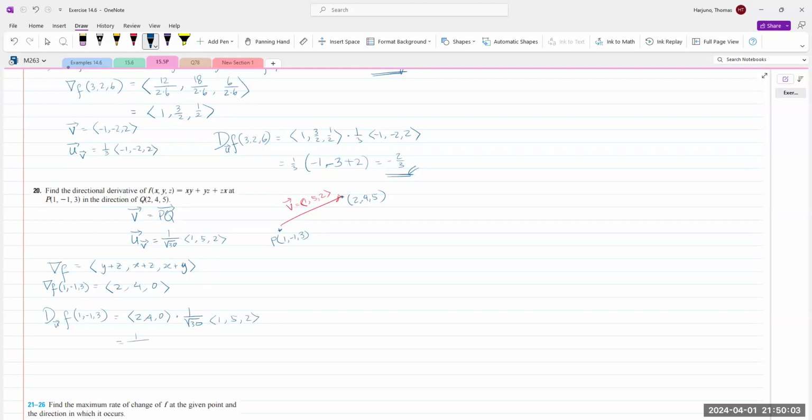That will be 1 over radical 30 times (2 plus 20). So that's 22 square root of 30 over 30, that's 11 square root of 30 over 15. That's for number 20.